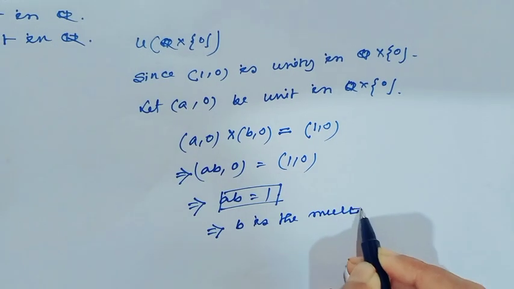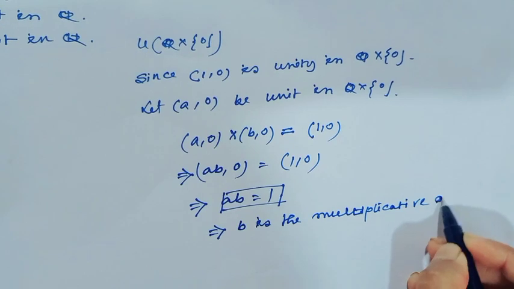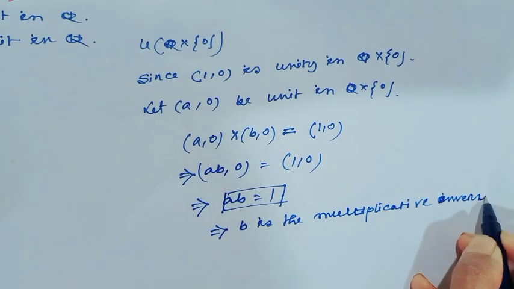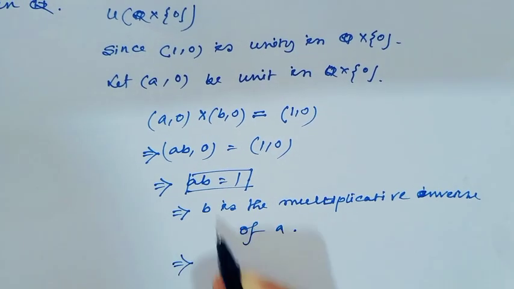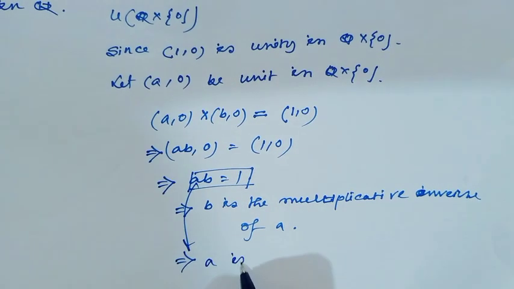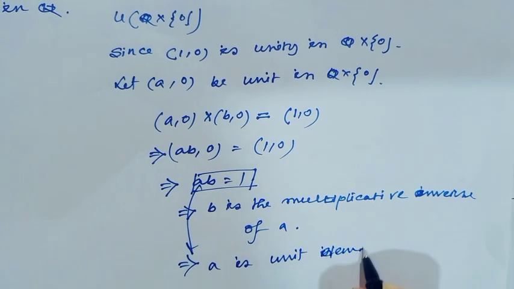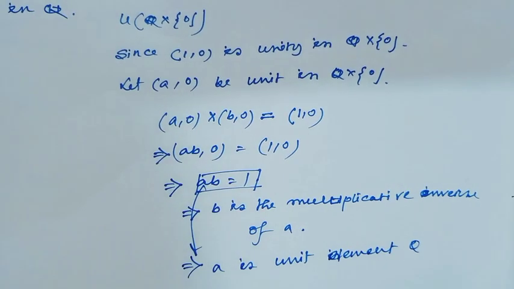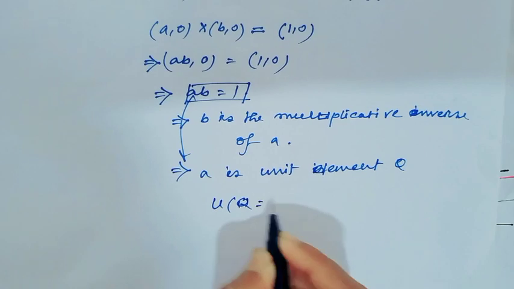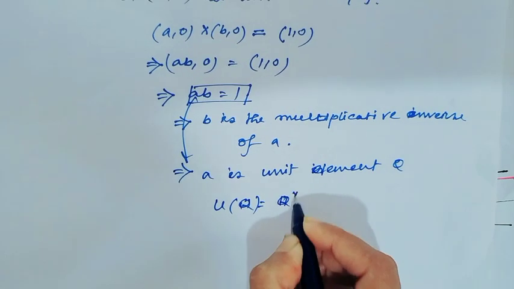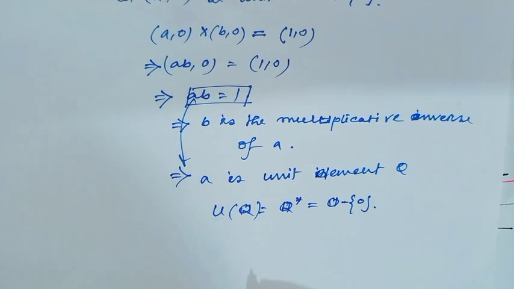From the expression AB equals 1, B is the multiplicative inverse of A. That implies A is a unit element in Q. And we all know the set of units of Q is Q star, which is Q minus the singleton set 0.